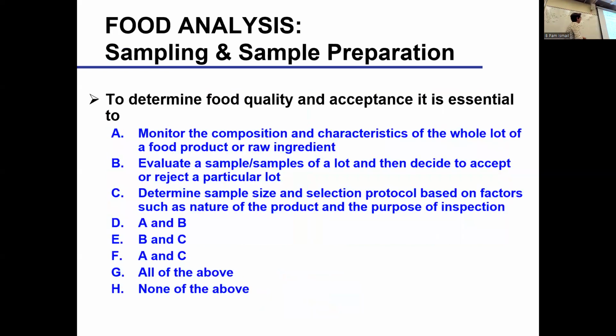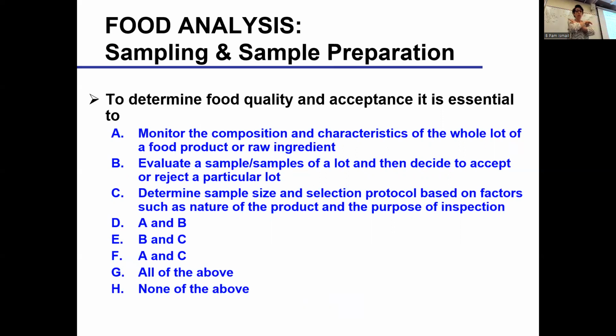All right, so let's see what you guys know. And I don't expect you to know, that's why you're here, but let's see what your guess would be. So to determine food quality and acceptance, it is essential, important to monitor the composition and characteristics of the whole lot of food product or raw ingredient.